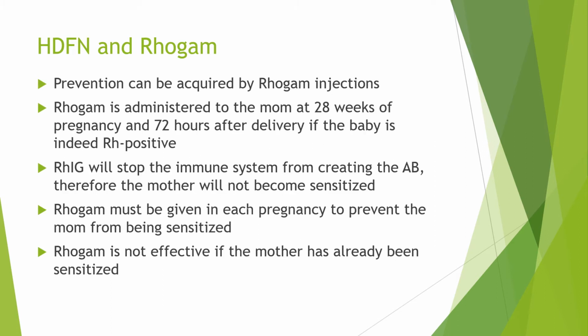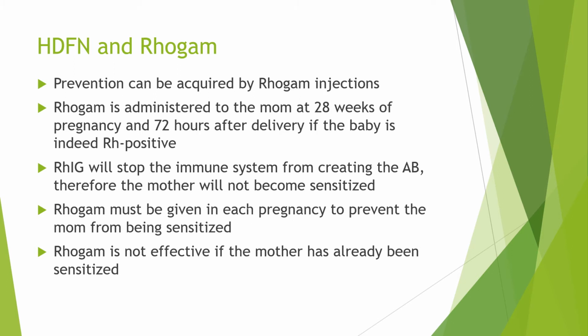So how Rhogam is administered and when the mom will actually need the shots. The prevention can be done by dosing and dosing schedules for the Rh immunoglobulin. If the mom is Rh negative and the father is positive, the possibility of the baby being Rh positive is really great.